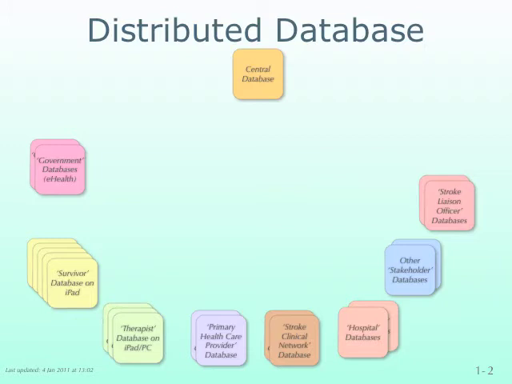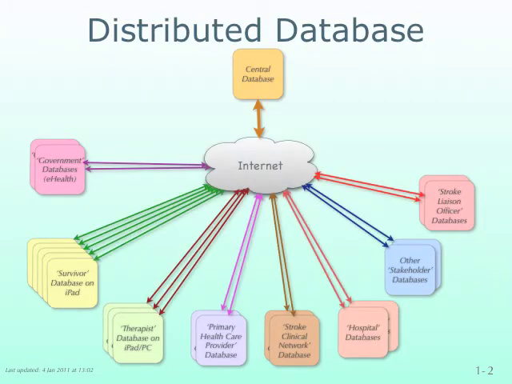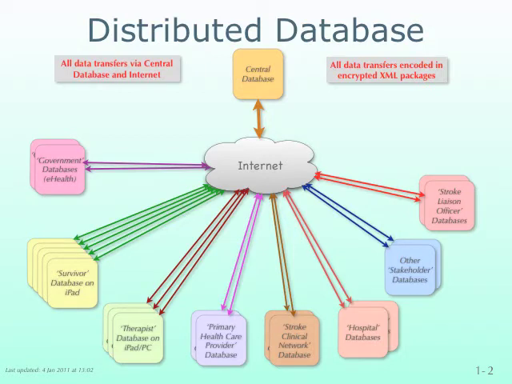These peripheral computers will be able to communicate with the central database via the Internet using standard web-based technologies and encrypted XML data packages for the purpose of downloading data from or uploading data to the central database.